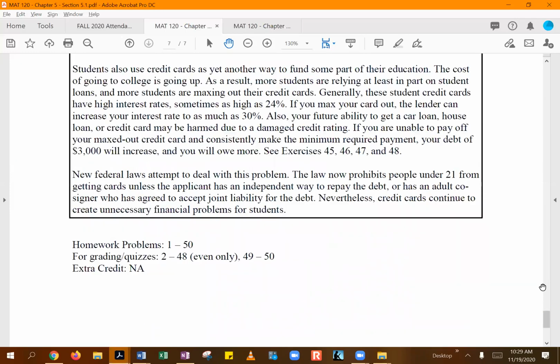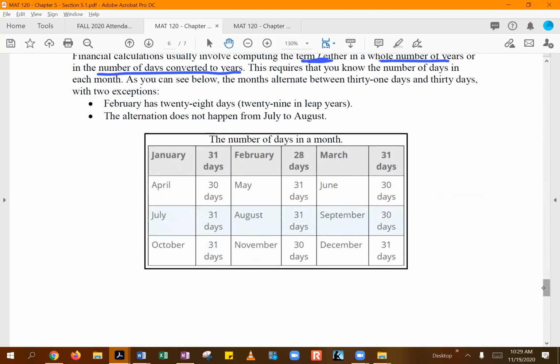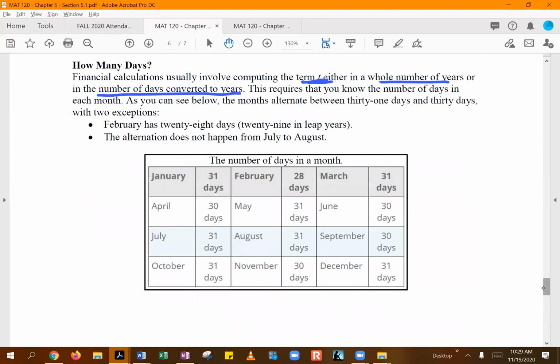Now, actually, I don't know if they have that illustration here or not, maybe it was in a different textbook. But basically, you can see they're listing all the months that have 31 days, and that's going to be January, March, May, July, August, October, and December.